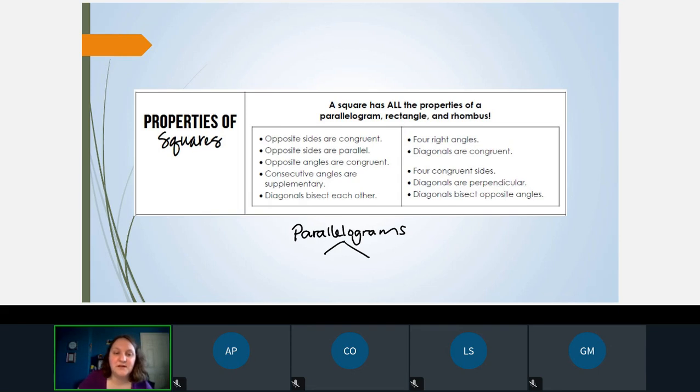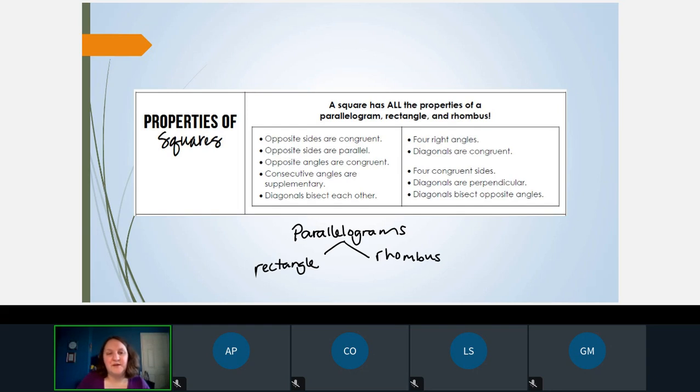Well, then with those parallelograms, they have a rectangle. And a rectangle has all of the properties of the parallelogram plus its own properties: congruent diagonals, 90-degree angles. It also has a rhombus. A rhombus has all of the properties of a parallelogram, but it has its own properties that make it special. Its diagonals are perpendicular and its sides are all equal.